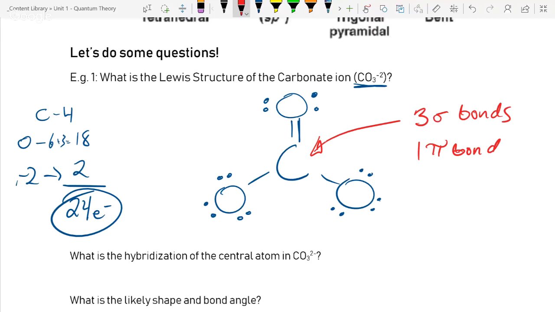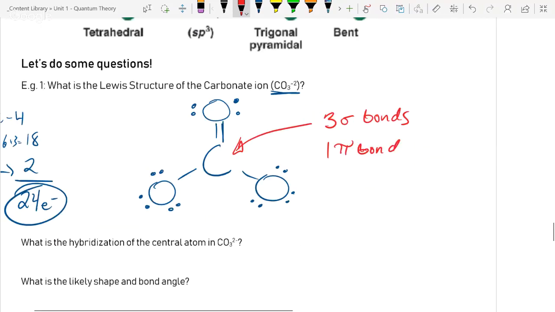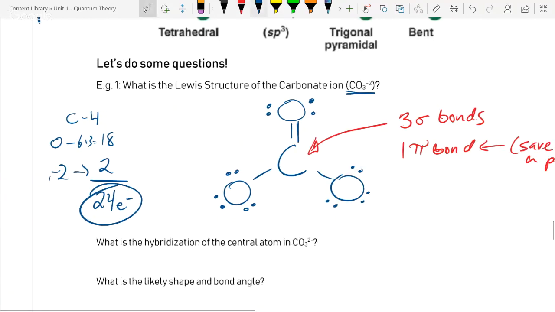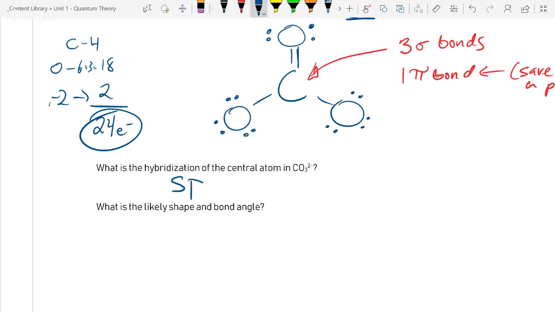We know that this is in what hybridization state? sp2, because this pi bond means we have to save a p orbital. You have to save a p orbital to make a pi bond, which means when we go to hybridize, we have the s orbital, and how many p orbitals can we use? 2, because we have to save one. So this is going to be sp2.